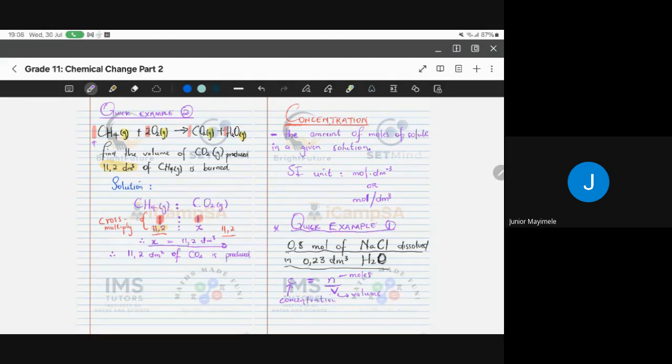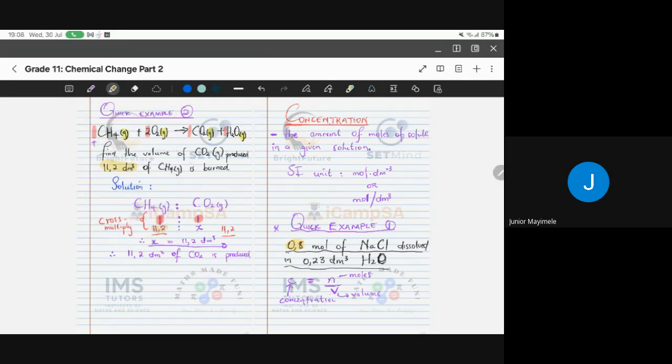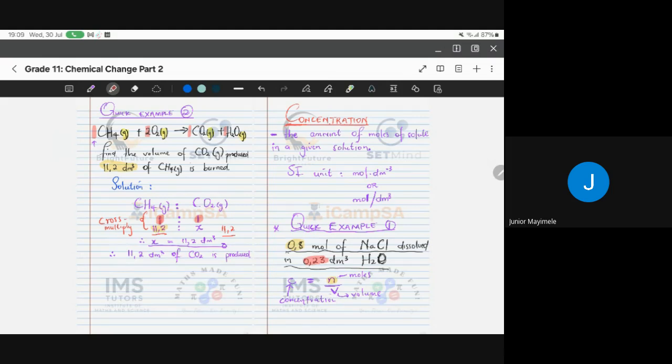Okay, let's do this. To make things easy, we have this value that you'll substitute in here, and we have the volume. That's what we'll use to substitute here. And lastly, we are looking for concentration, which is our C.